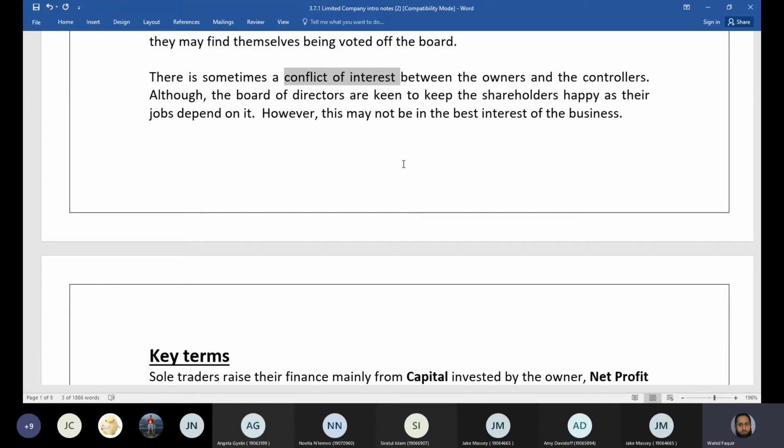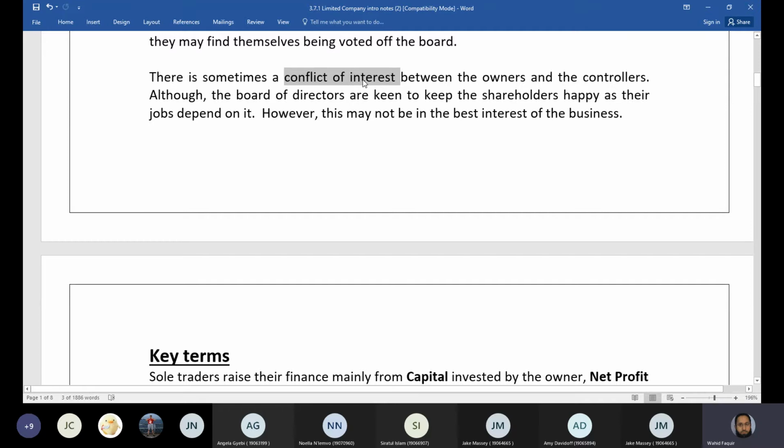It can either be retained in the business for business growth, or it can be distributed to shareholders. Let's keep it simple and just say there are two alternatives there. You either distribute the profit that you've generated as dividends to shareholders, or you retain the profit in the business for future growth. Now there's a conflict of interest there.